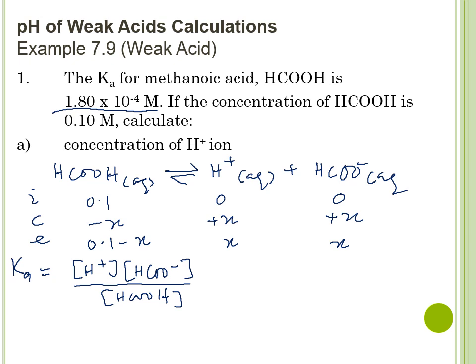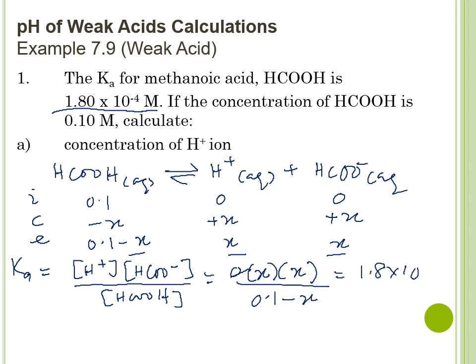So insert the values, X times X, divided by 0.1 minus X, equals 1.8 times 10 to the power of negative 4 molar.